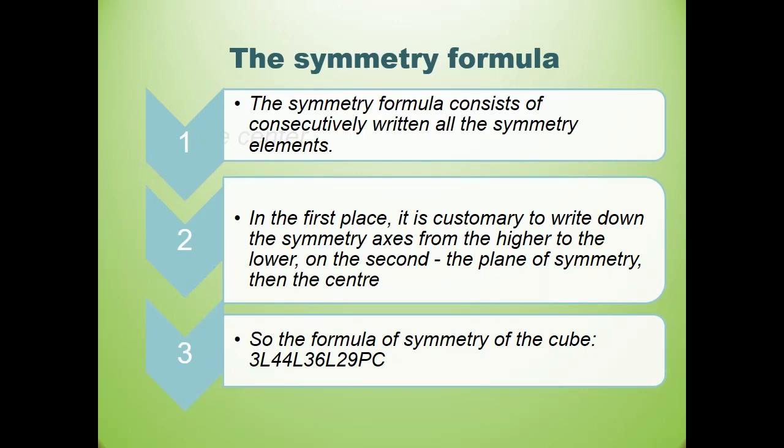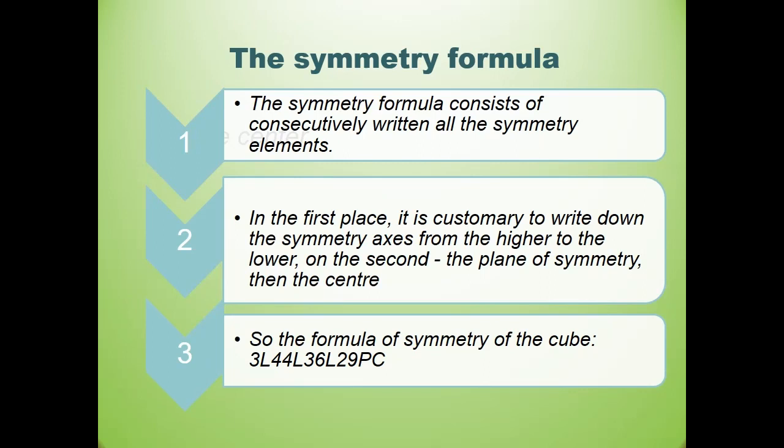For example, the formula of symmetry of the cube is 3 axes of fourth order, 4 axes of third order, 6 axes of second order, 9 planes of symmetry and a center of symmetry.